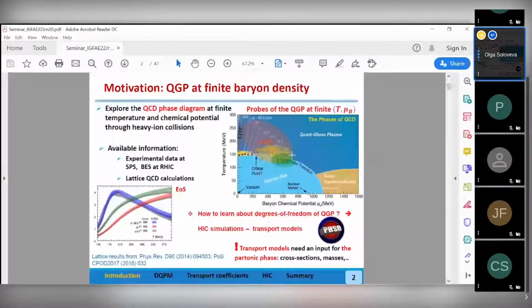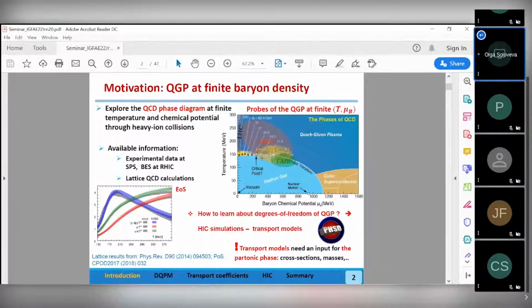In recent years, lattice QCD techniques were established, but the problem is that at zero chemical potential they work very well, while at non-zero chemical potential the lattice QCD calculations don't work. There are also some methods and techniques to provide calculations at non-zero chemical potential, but for now, in the region where there can be a critical endpoint, there is no data from lattice.